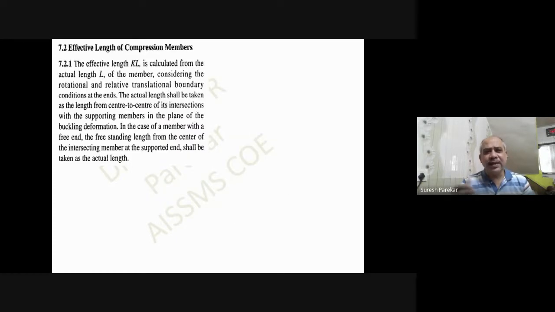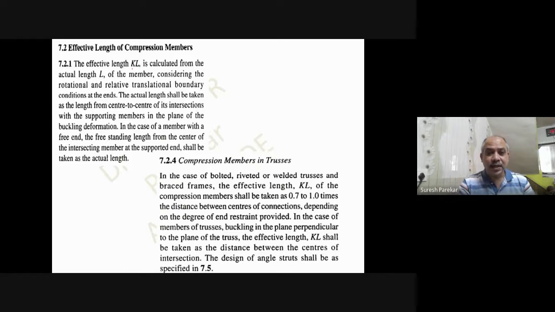Now effective length, different criteria are given. Here the effective length is KL, and that is calculated from the actual length of the member considering the rotational and relative translation boundary conditions at the ends. I already mentioned your value of K depends upon end conditions.